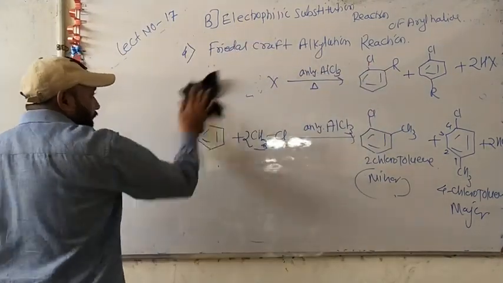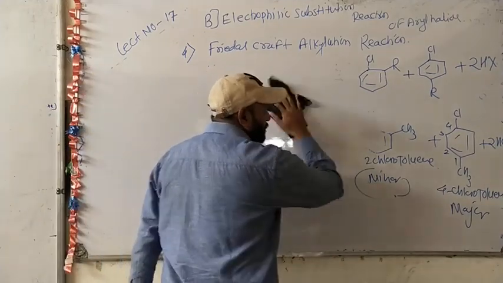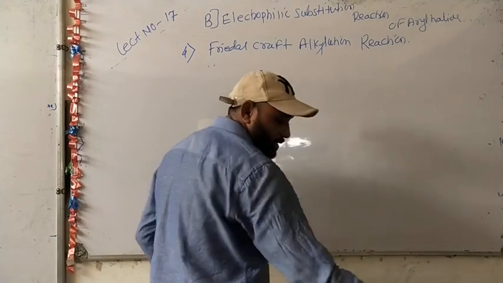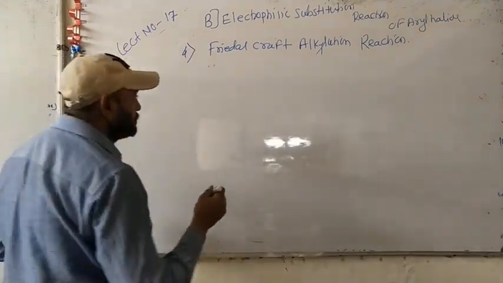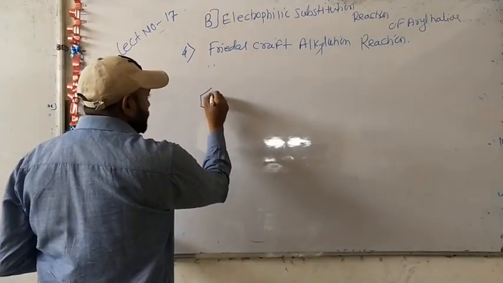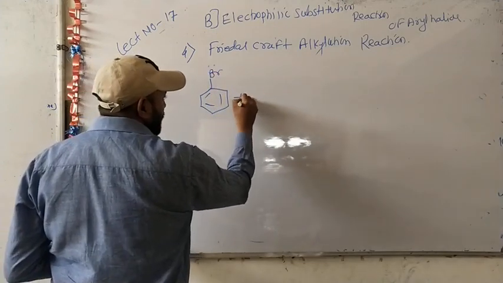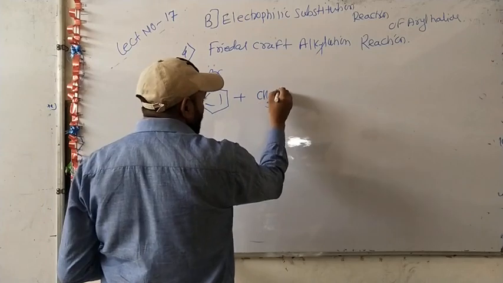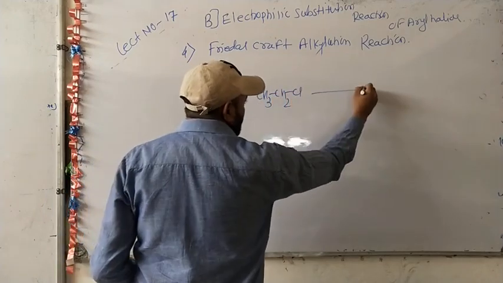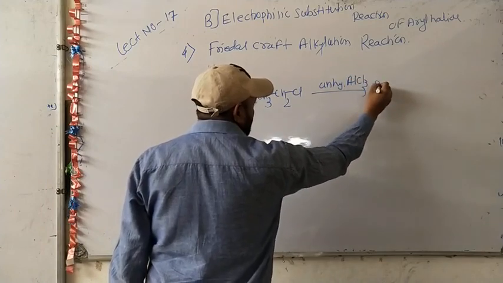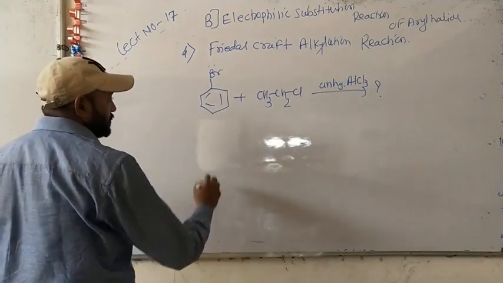For your homework, I give a few examples to solve. You can solve them and send them to me on my personal WhatsApp group number. Suppose I provided bromobenzene to you, and you have to give ethyl chloride in presence of anhydrous AlCl3. Predict the product.